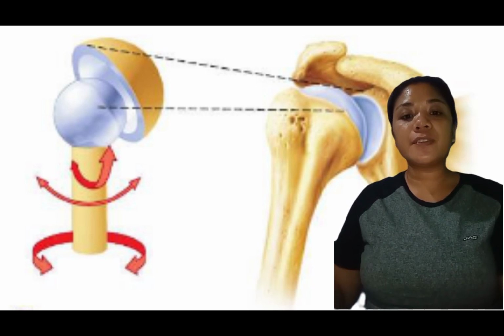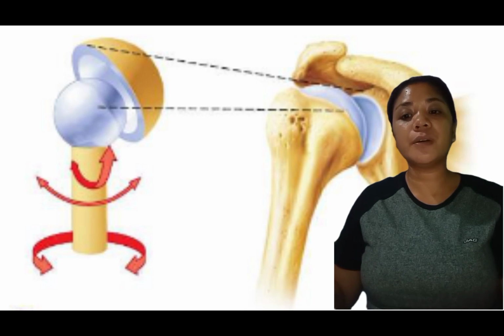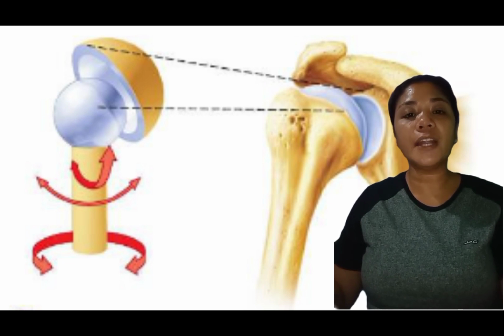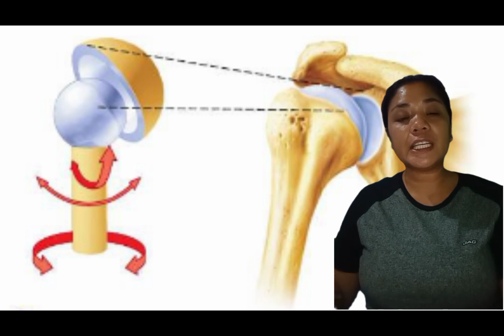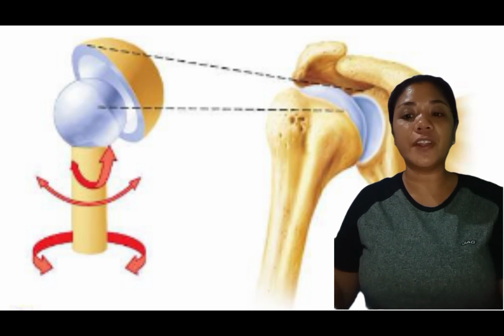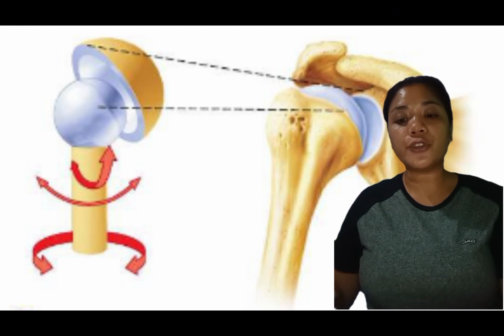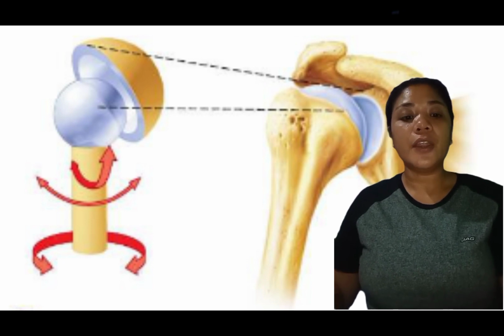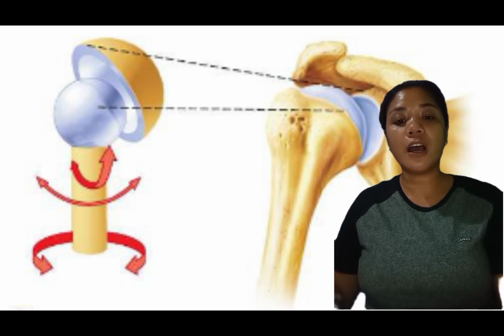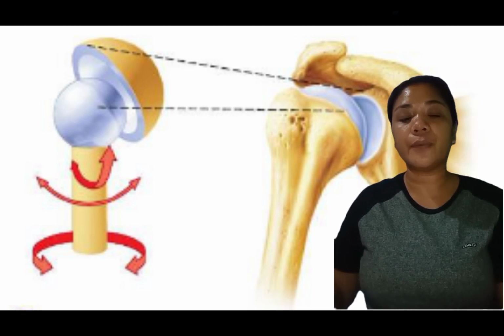It is a type of synovial joint in which the ball-shaped surface of one rounded bone fits into the cup-like depressions of another bone. This joint is capable of motion around an indefinite number of axes which have one common center.